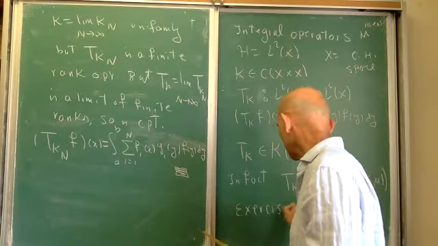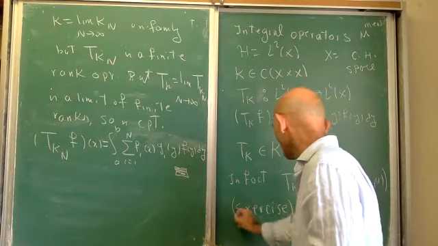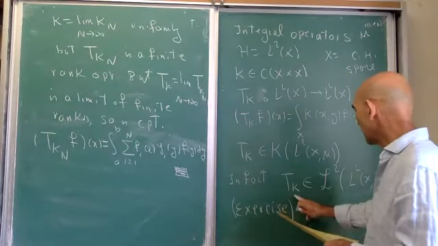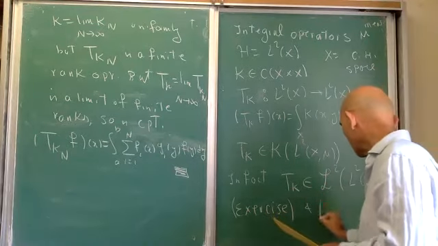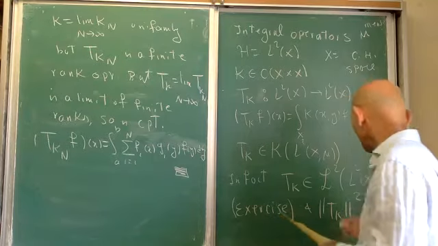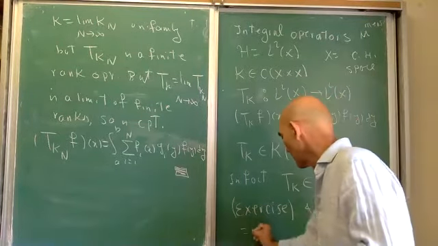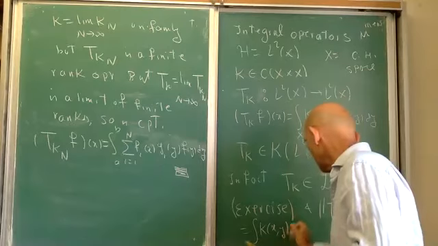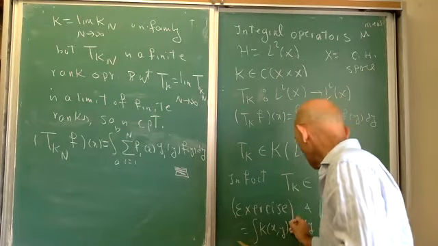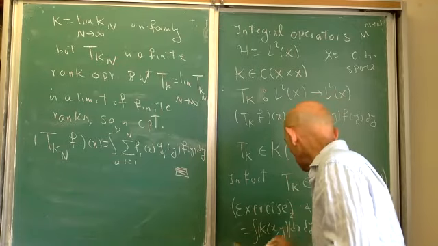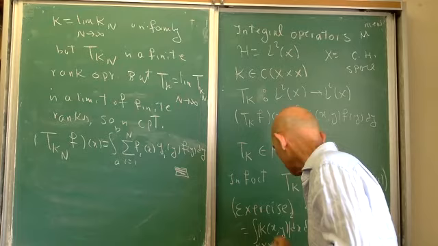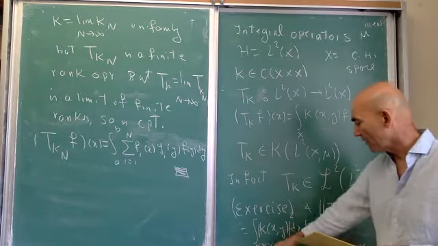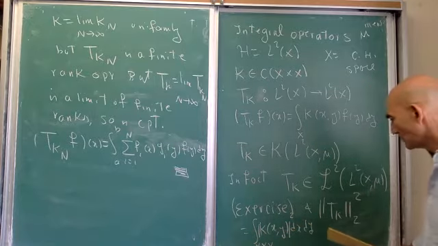It's important to know that this is Hilbert-Schmidt actually. And what is true is that the Hilbert-Schmidt norm of Tk, squared, is equal to the integral of K of x, y, absolute value squared, dx dy over X cross X. So it's a double integral, K of xy squared dx dy over X cross X. That's the Hilbert-Schmidt norm in this case.